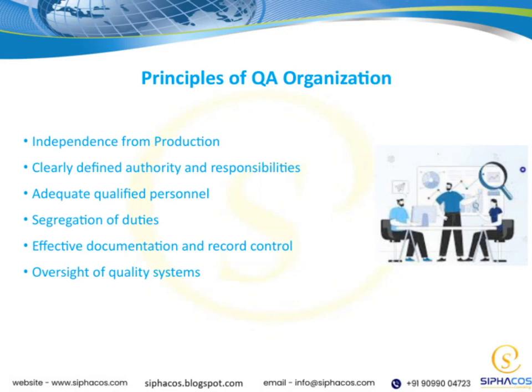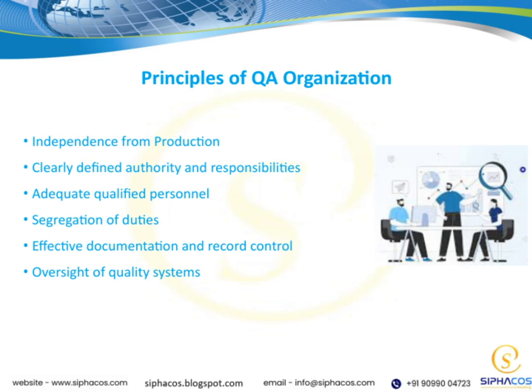Let's take a closer look at the principles that underpin a strong QA organization. First, independence from production is essential. This means that the quality team should operate separately from the manufacturing process to ensure objectivity and unbiased oversight. Next, clearly defined authority and responsibilities are crucial.